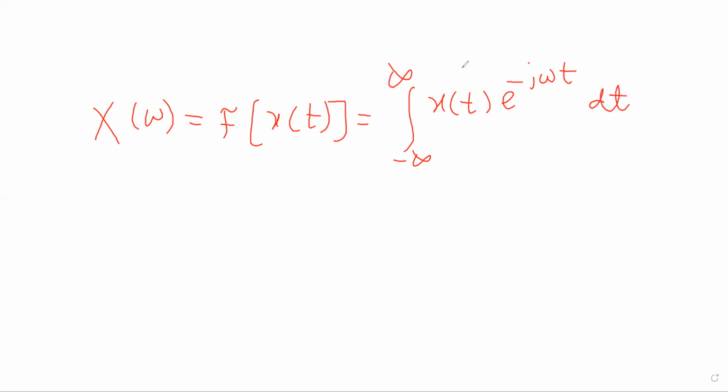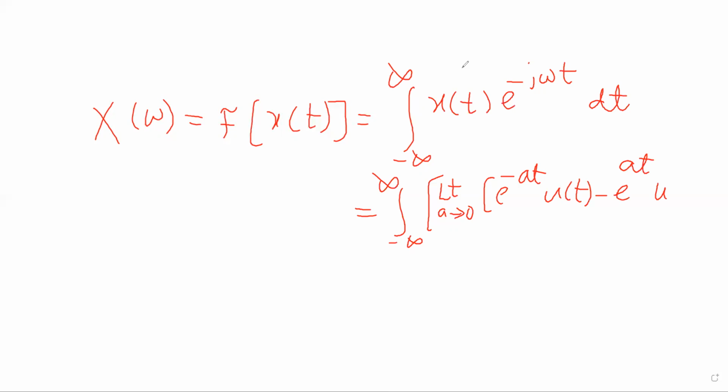In place of x of t, we substitute the given function: the integration from minus infinity to plus infinity of the bracket, limit a tends to 0, e to the power minus at u of t minus e to the power plus at u of minus t, and the remaining e to the power minus j omega t dt.